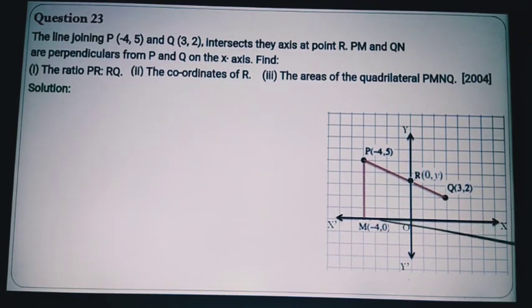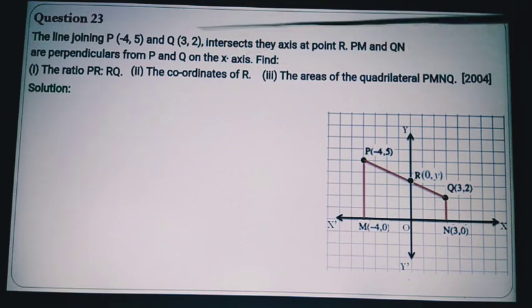Now if you see the coordinate, obviously it will be exactly on the x-axis, so the y value will be 0, and since it is lying to the left side of the origin, we have -1, -2, -3 and -4. So the coordinate of M is -4, 0. Similarly we have QN, and the coordinate of N is going to be 1, 2, 3, and since it is lying on the x-axis, the value of y will be 0 here. So we got PM, we got QN.